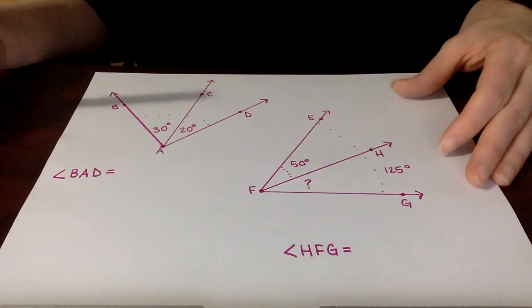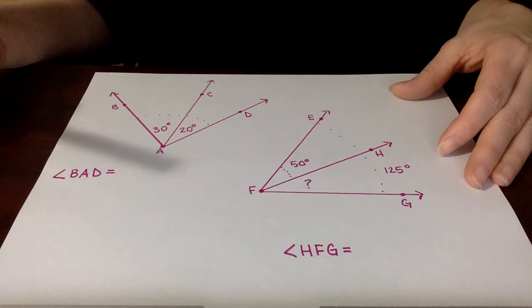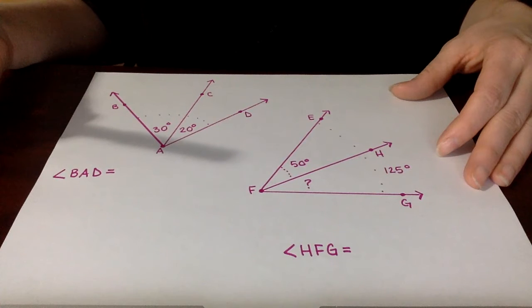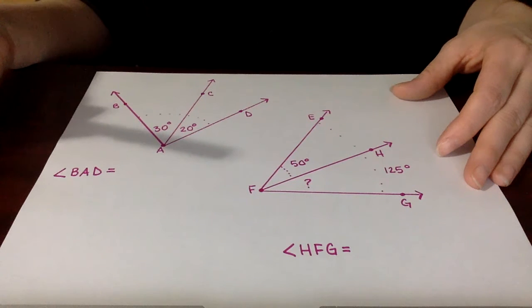A straight line is half of a circle, right? So when we say we're going to turn around 360 degrees, that means we turn all the way around. If we turn around 180 degrees, we're going to turn the opposite direction.